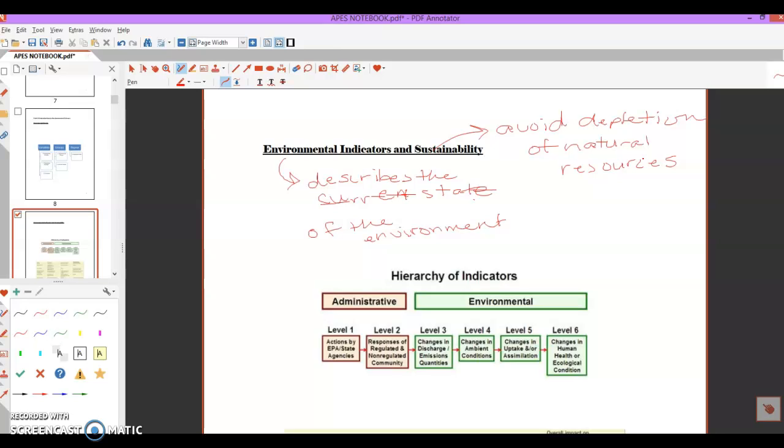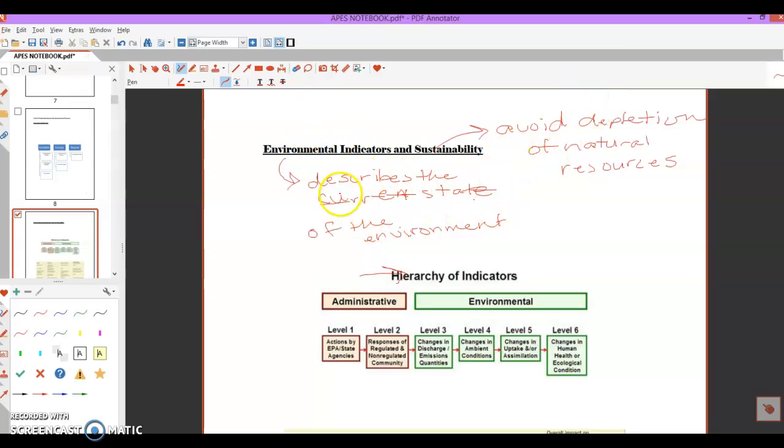All right. Now, when we look at the hierarchy of indicators, remember, an environmental indicator is what is describing the current state of our environment. When we look at the hierarchy of indicators down here, this is where I am right here, we're going to look at it in different levels.